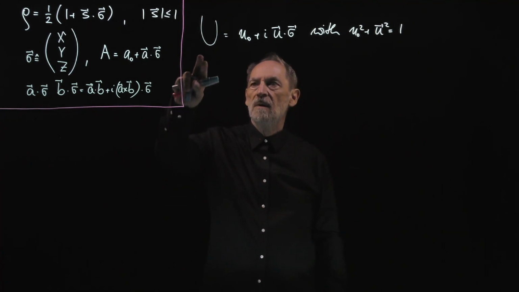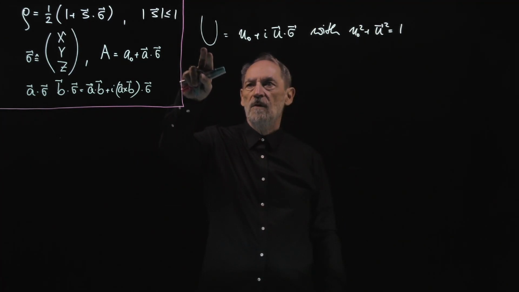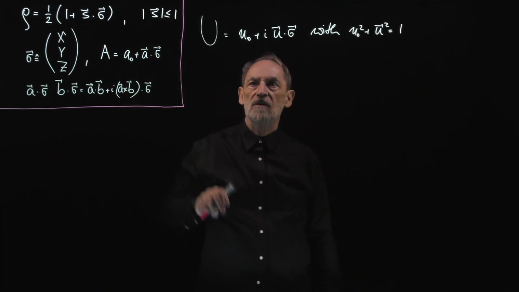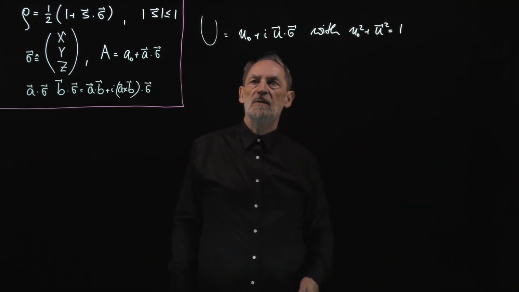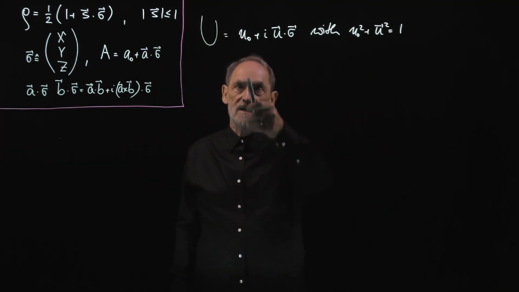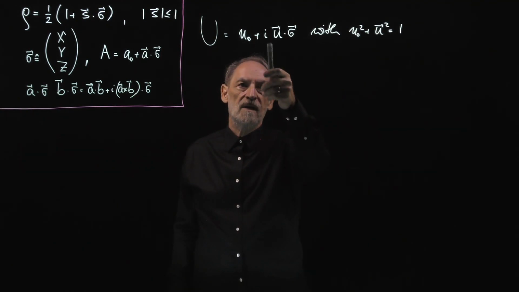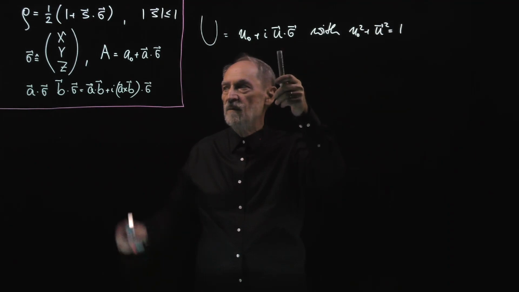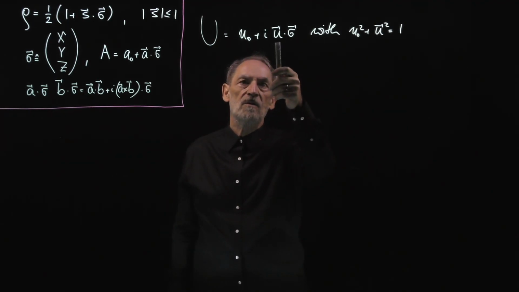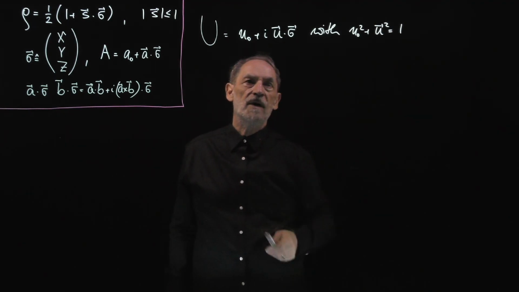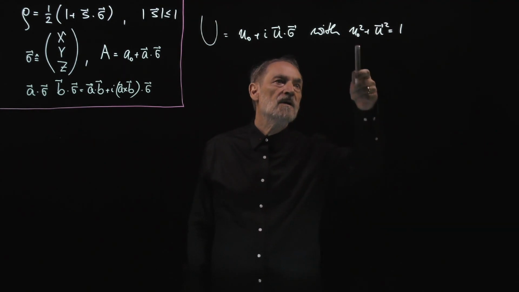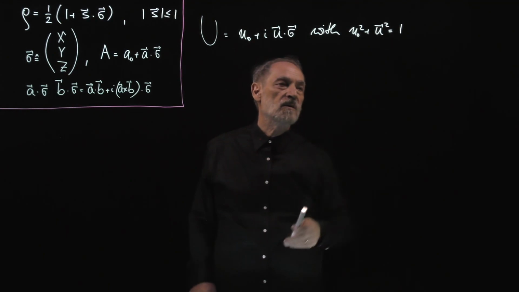So we have this expression for a unitary operator acting on the qubit kets and also on the qubit bras, written as U0 times the identity plus I times U dot the sigma operator, where U0 and the U vector are real quantities which are such that U0 squared plus the length of U squared is equal to 1.